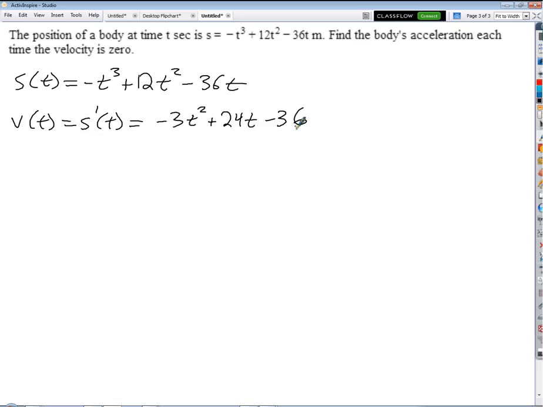So we have position, we're going to need velocity and acceleration. How do we find a? Derivative of velocity. So it's the second derivative of position. So a of t equals v prime of t, or s double prime of t, which is what?